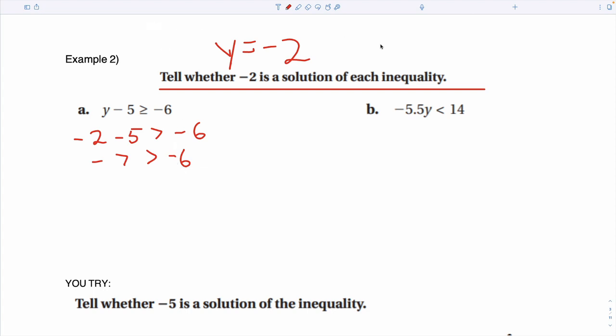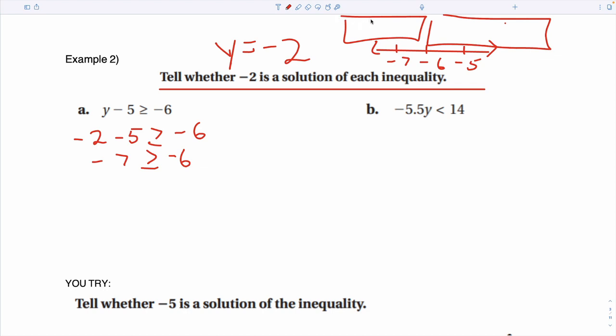If you need to, draw yourself a little number line. Hadley, what do you think? Is negative 7 greater than negative 6? Is it bigger? Look at my number line. These lines are bigger. These lines are smaller. This is not bigger than. So this is false.